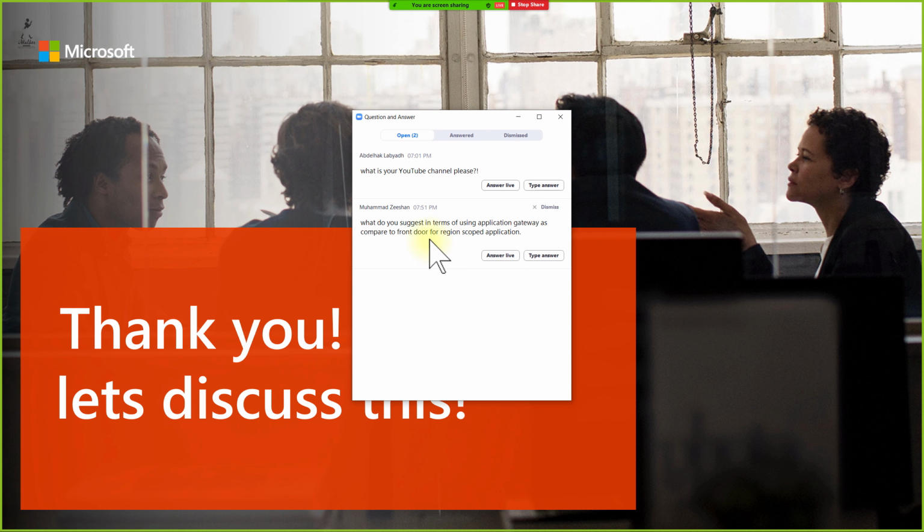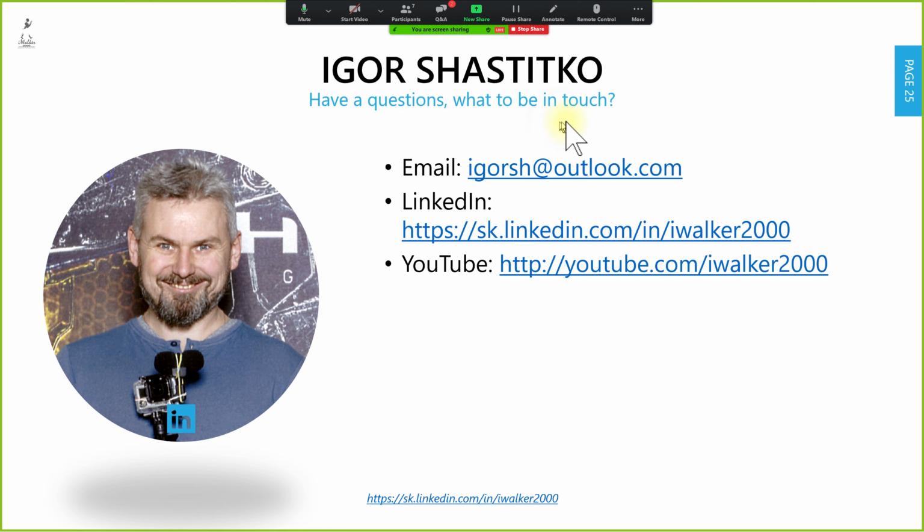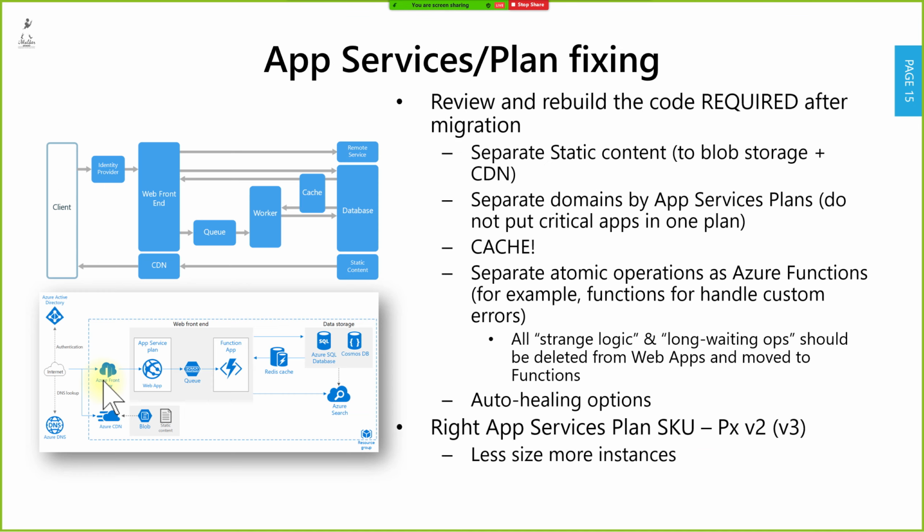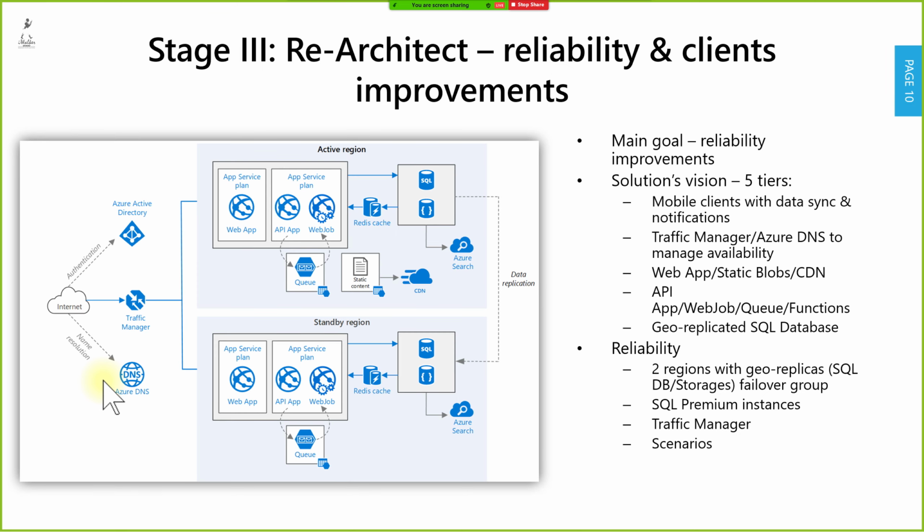This is an important question about Front Door or Application Gateway. If we are planning to use the application only in one region, you have to understand that the application may not be ready for a multi-region configuration, because Front Door means that you are planning to have different regions and data replication, and some analysis of which region is active and which is not.